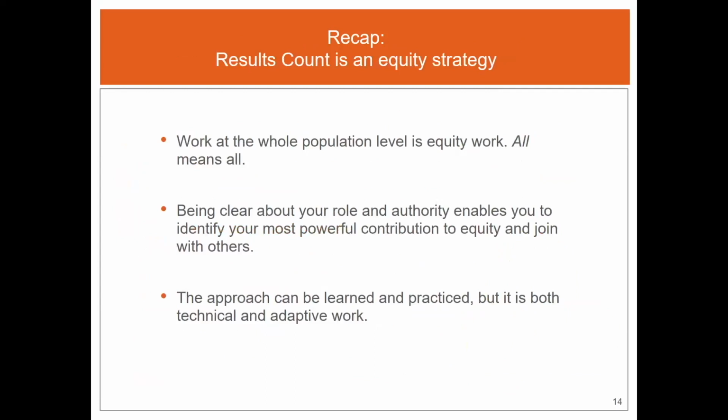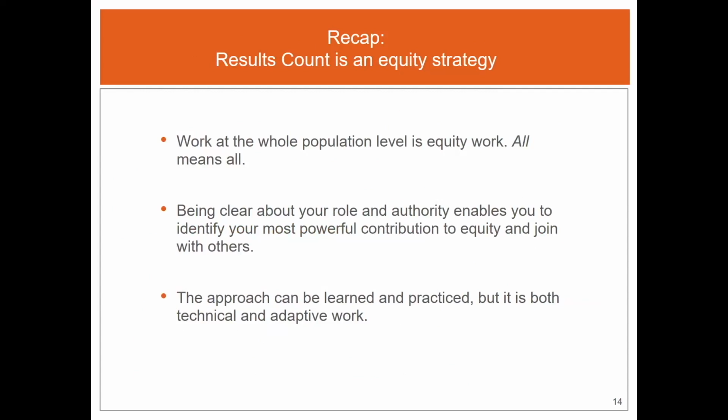So as we step into the 4 core skills, let me just give you a moment to see how that falls on you and invite you to remember a couple things. First, work at the whole population level as equity work. All really does mean all, and it requires equal attention to everyone in the whole population as well as those who are furthest away from experiencing the result that you're seeking for them.